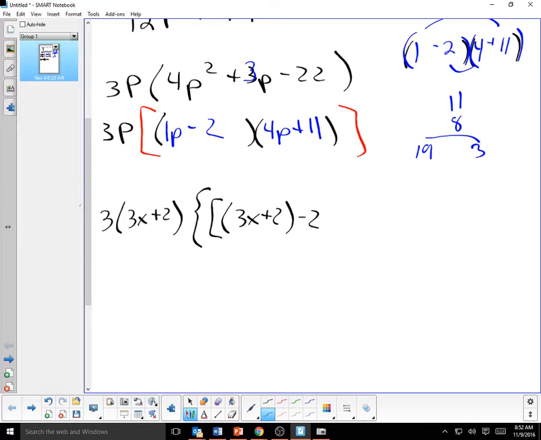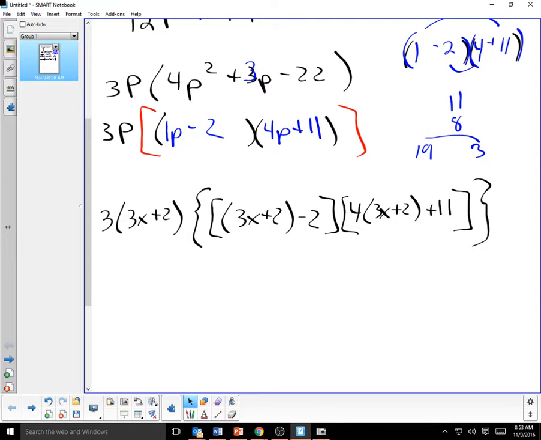Minus 2, close that, open this, and I'm going to get 4 times 3x plus 2, parenthesis, plus 11, close the bracket, close the braces. Which is what we had the last time.